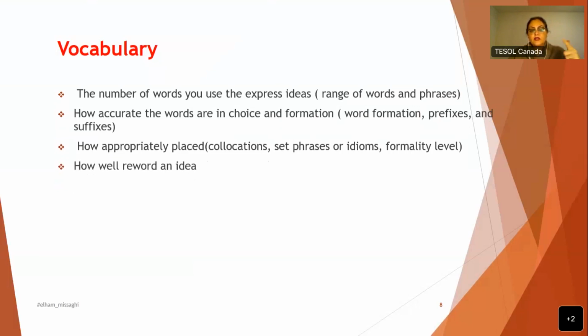And how well you reword an idea, like paraphrasing: not repeating the same sentence that the examiner used in a question. So you have the ability to paraphrase and reword the ideas.